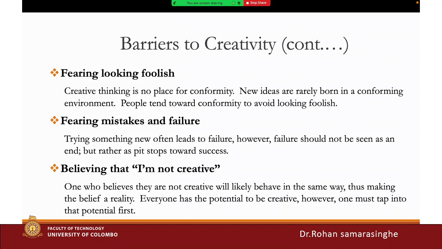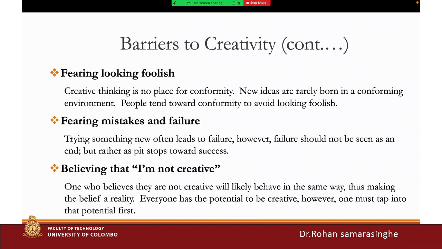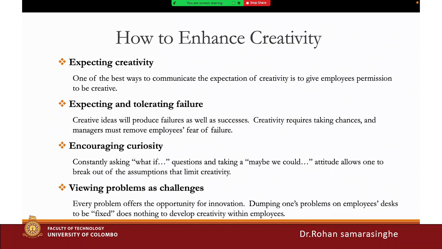The writer says that children are the best innovators because they have new ideas, so innovators can learn from the kids. Next we'll discuss the barriers, and then how to enhance creativity.